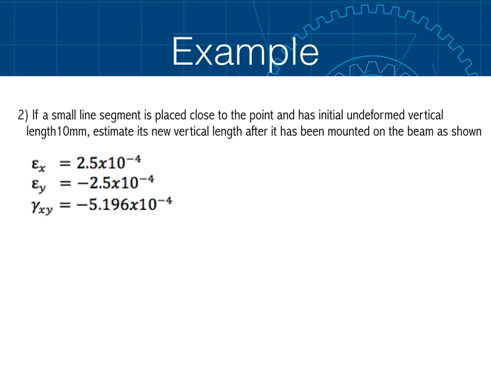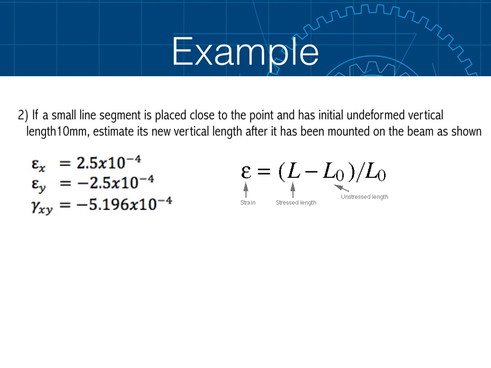Now, as you probably remember from your mechanics classes, either 212 or 213, strain is the change in length over the original length, or L final minus L initial over L initial.